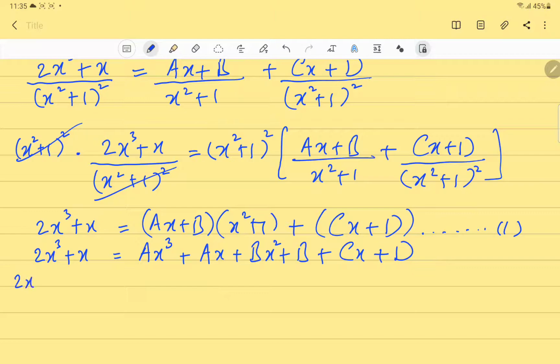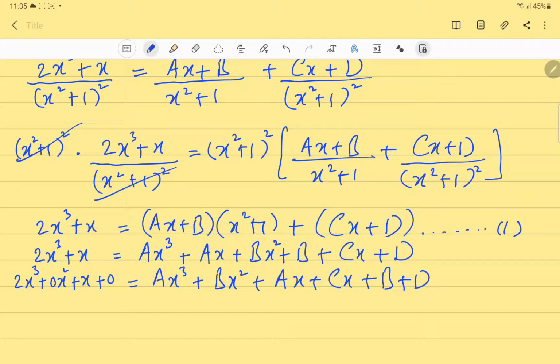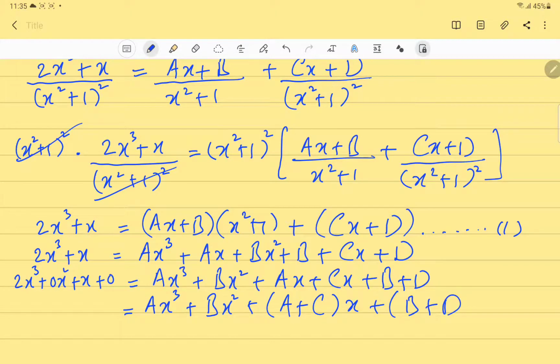Here we can write 2x cubed plus 0x squared plus x plus 0. So here we will write the terms with the same degree of x: ax cubed plus bx squared plus ax plus cx plus b plus d.